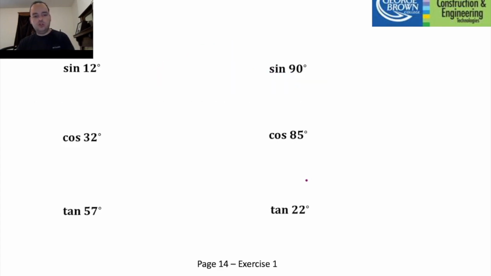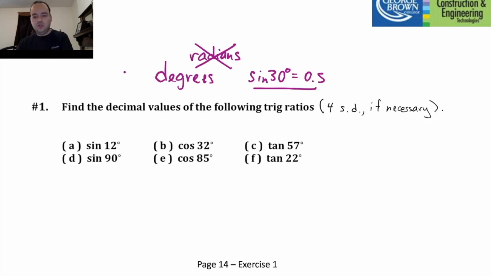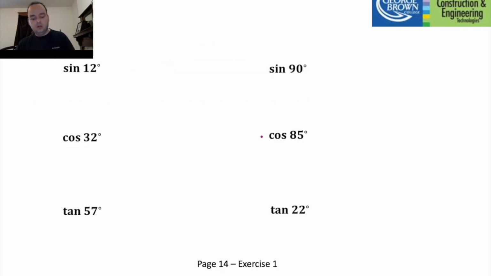So just grab your calculator and take a few minutes here, and I want you to evaluate these quantities. I'm not looking for any specific patterning. I just want you to understand how to use the calculator. This is probably the easiest calculation you're going to do for this lesson. Notice that it says 4 significant digits if necessary. I've done the calculations in advance, so if I make a mistake here, just tell me in the comments.